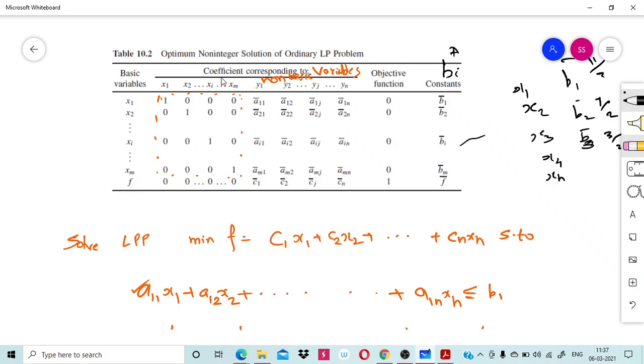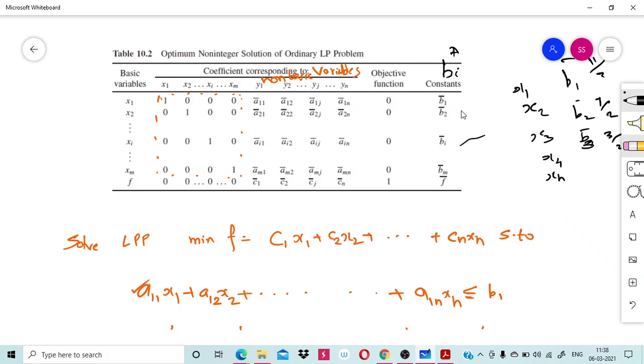That is, you observe the table which you got after the completion of your optimal, that means the optimal table corresponding to your fractional optimal solution. You observe that table and you find the basic variable which has the largest fractional value.